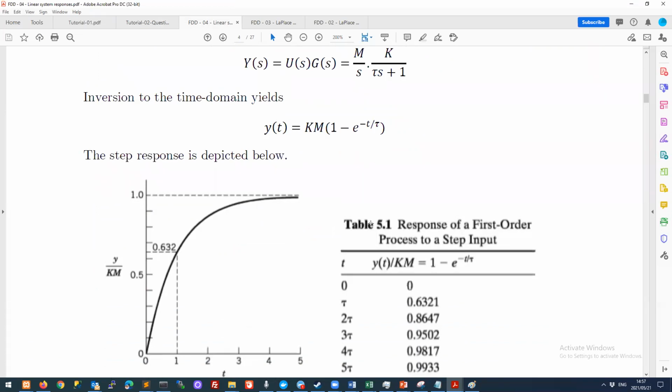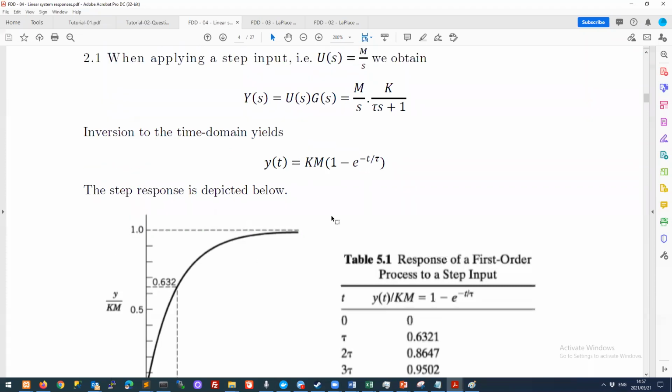So the moment you apply a step increase of a value m, and if your constant in your process was k, then you can easily adapt this to your situation. That's the beauty of being able to abstract the equations and the process to this general form.